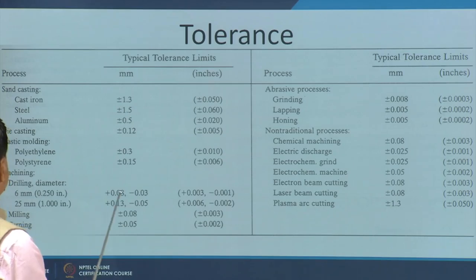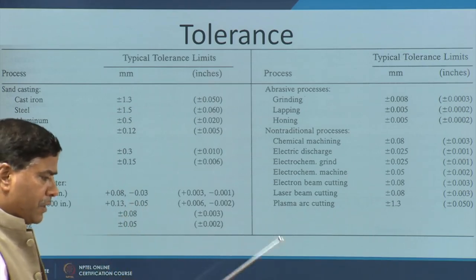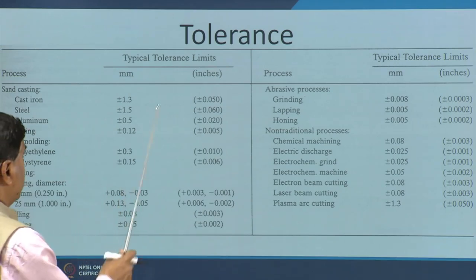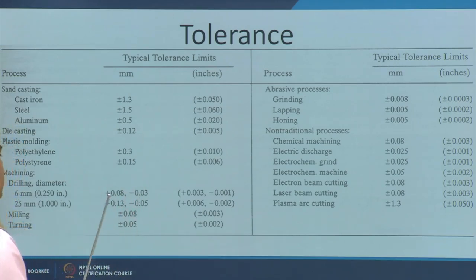So, machining offers dimensional control as per the diameter or the size which is being processed. Up to 6 mm diameter, the dimensional control is possible in the range of plus 0.08 mm to minus 0.03, and up to say 25 mm diameter, this is possible in the range of plus 0.13 to minus 0.05.